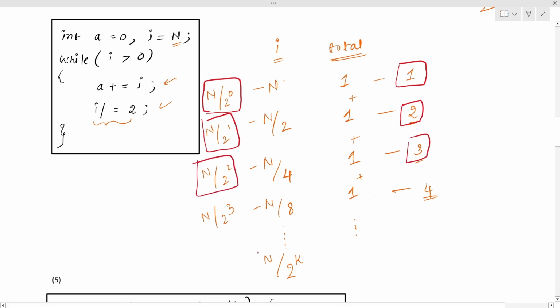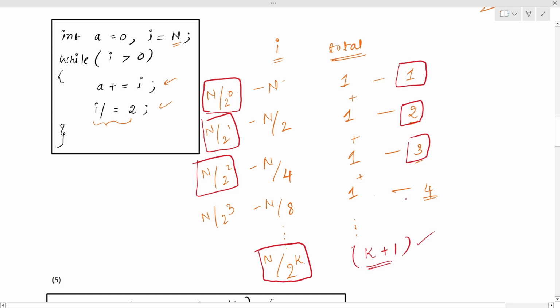So for n by 2 power k, then how much it could have completed? It's as simple as that, k plus 1. Hope you got it why I have written plus 1. You can clearly see 2 power 0 it's 1. So for 2 power k it will be k plus 1. For 2 power 1 it is 2. That means if I assume this power to be k, then the iterations is something like k plus 1. So that's why I've written here k plus 1.